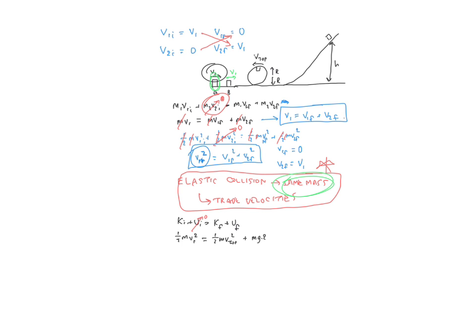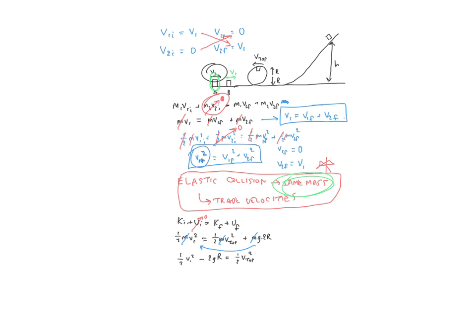So mg times 2r. All three terms in this equation contain an m, and we're trying to get the v top by itself, so let's move this term over to the left side of the equation. That gives you 1/2 v1 squared minus 2gr is equal to 1/2 times v top squared.